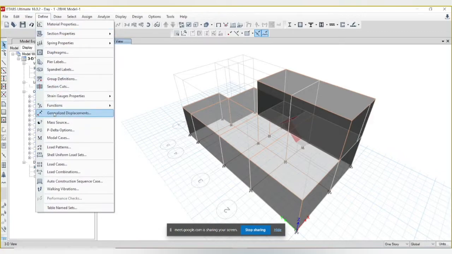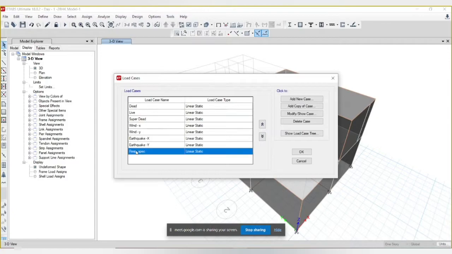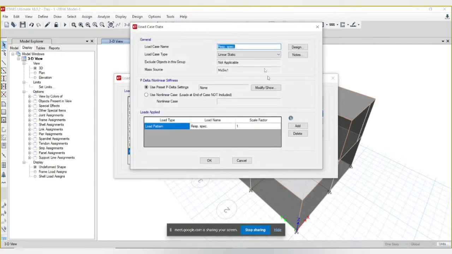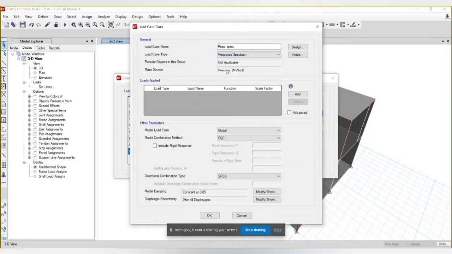Now go to load cases. You can see a new load case has been assigned here. Let us modify this load case. Your load case type should be response spectrum. Then it automatically generates the calculation.